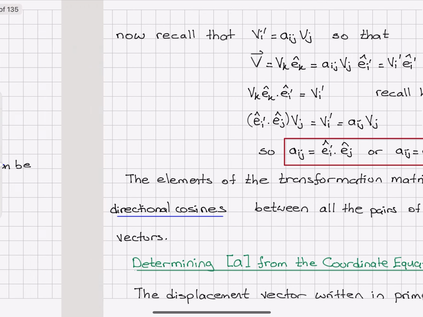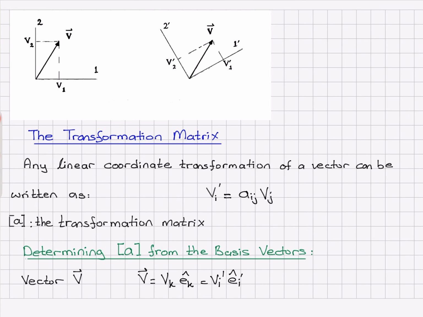Okay, so we talked about how to find the transformation matrix so that we can write the primed components of a vector in terms of the unprimed components using a matrix multiplication. A_ij v_j is v_i prime. And this vector v can be written as v_k e_k hat in the unprimed system, or v_i prime e_i prime hat in the primed system.